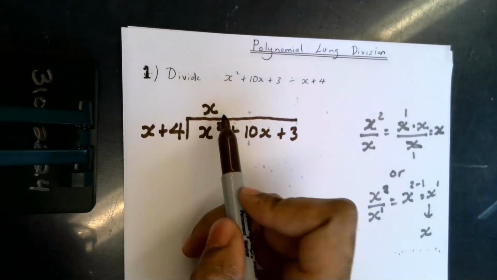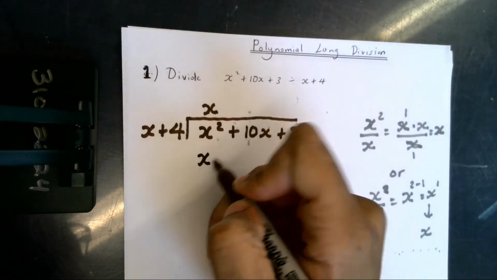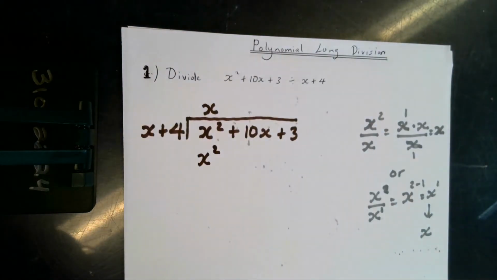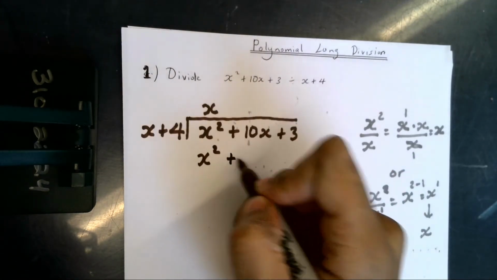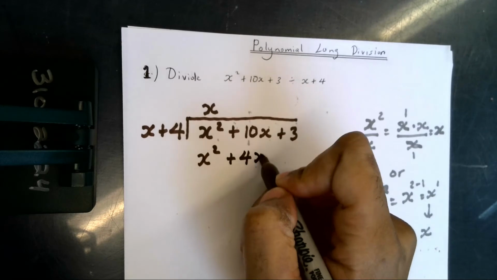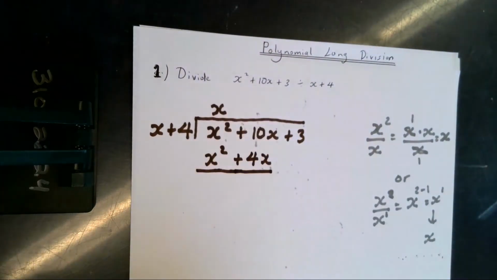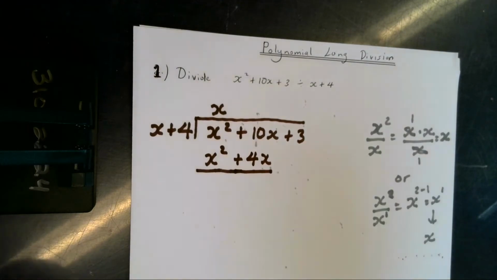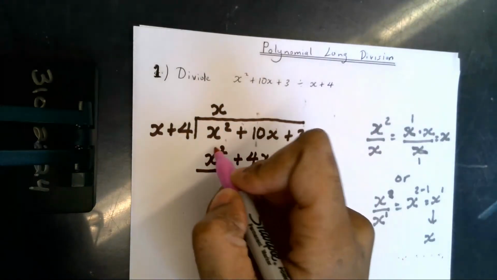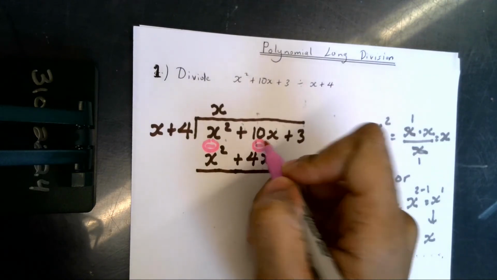So we're going to say x times x is x squared, and x times 4 is 4x. And after we have multiplied, we are going to subtract.